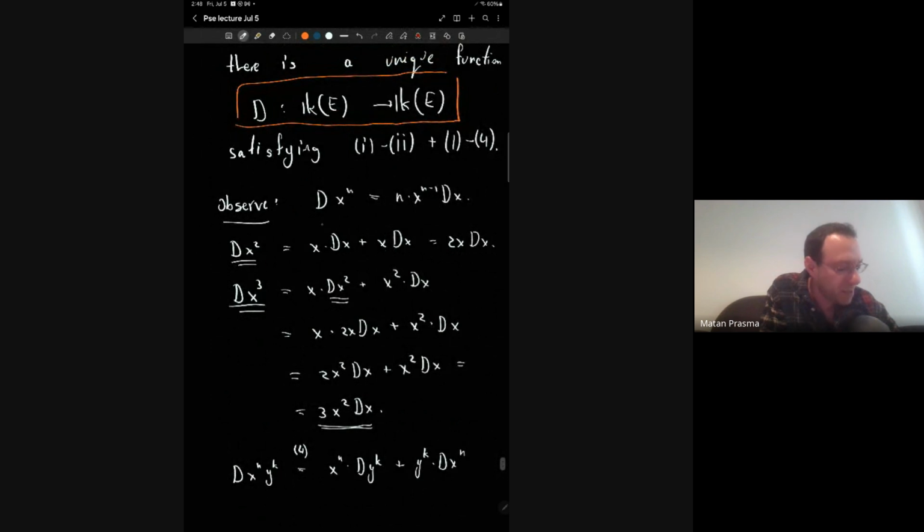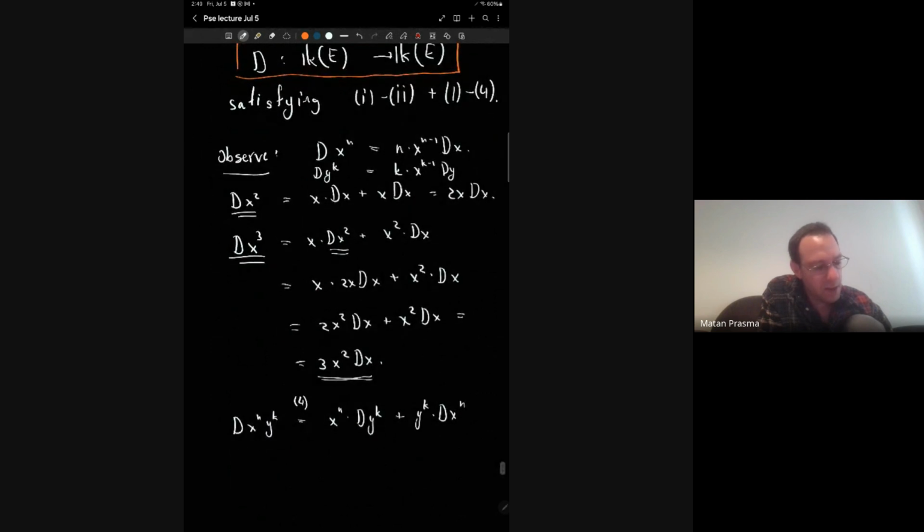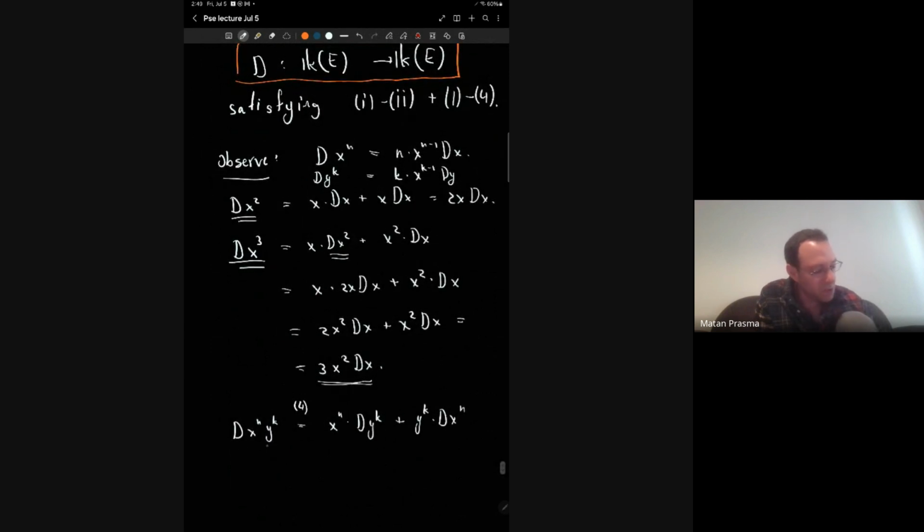I didn't say it, but of course d of y^k, by the same reasoning, is going to be k y^(k-1) dy, right? So you see, there is only one way to do d of x^n y^k.